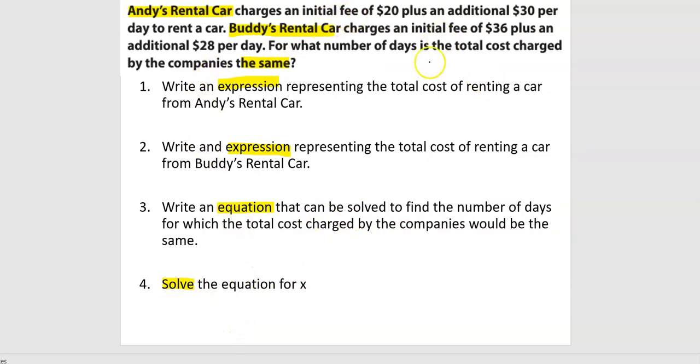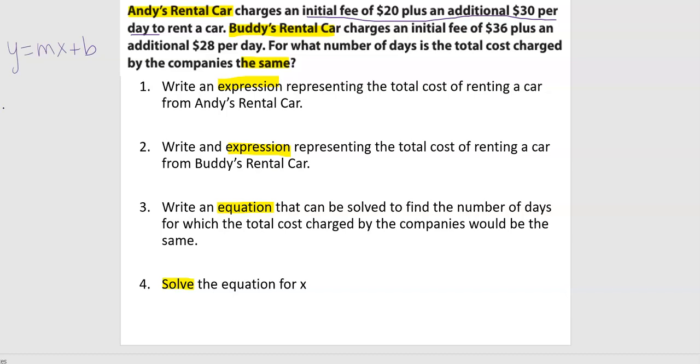If I look in my notes, Andy's rental car has an initial fee of $20 plus an additional $30 per day. This wording should sound pretty familiar to you. When we were in the beginning of the first semester, when we were writing equations to fit our slope-intercept form, we had the same words.